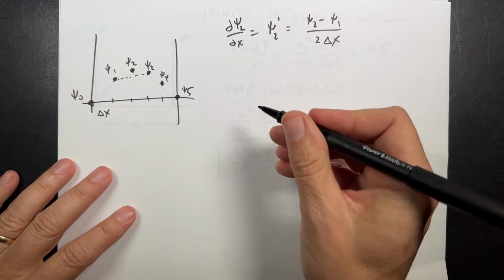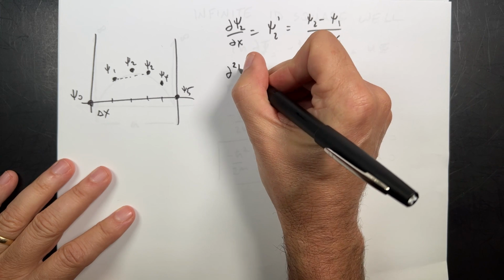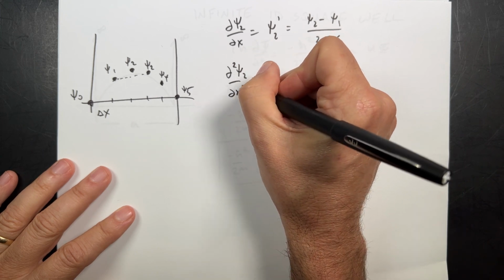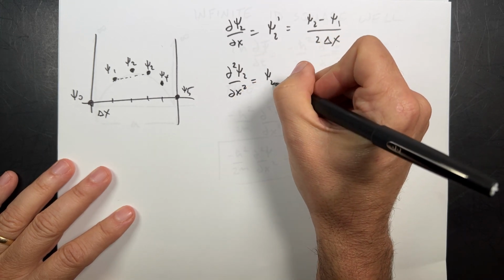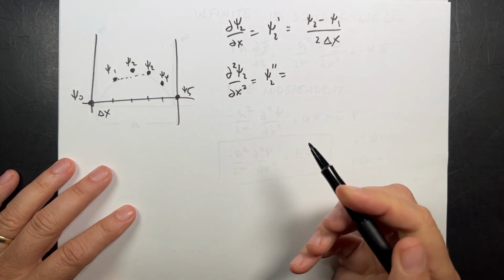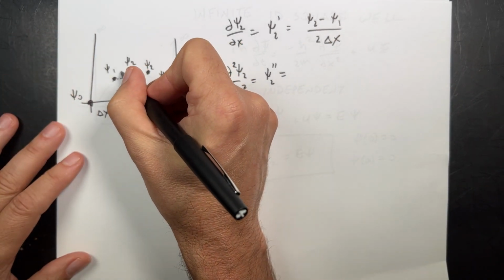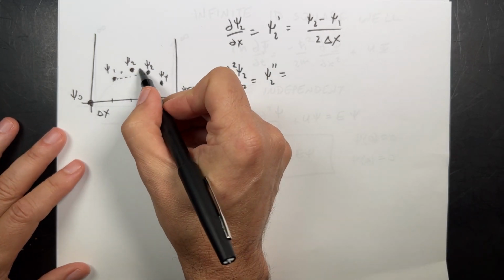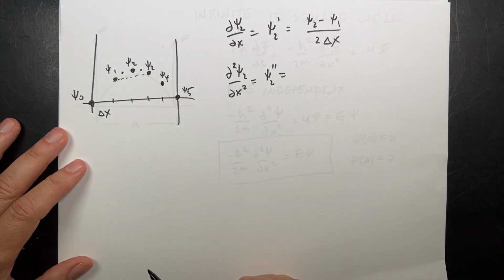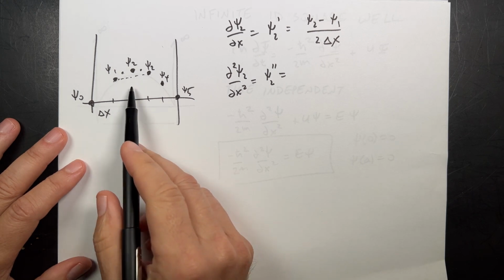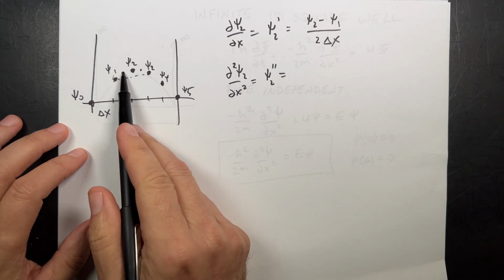What if I want to find the second derivative, the second partial of psi 2 with respect to x, which would be psi 2 double prime? Well, that's just the change in the first derivative. I can get an expression for the first derivative there and the first derivative right there, and then take the difference between them because they're separated by delta x. These are the half intervals.